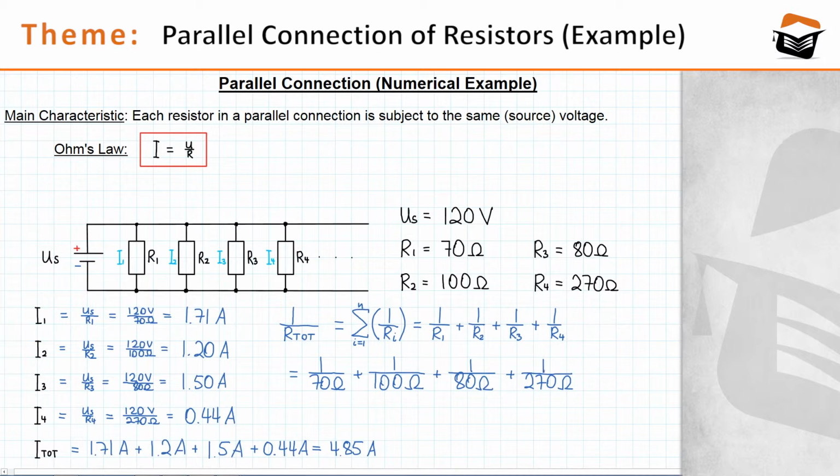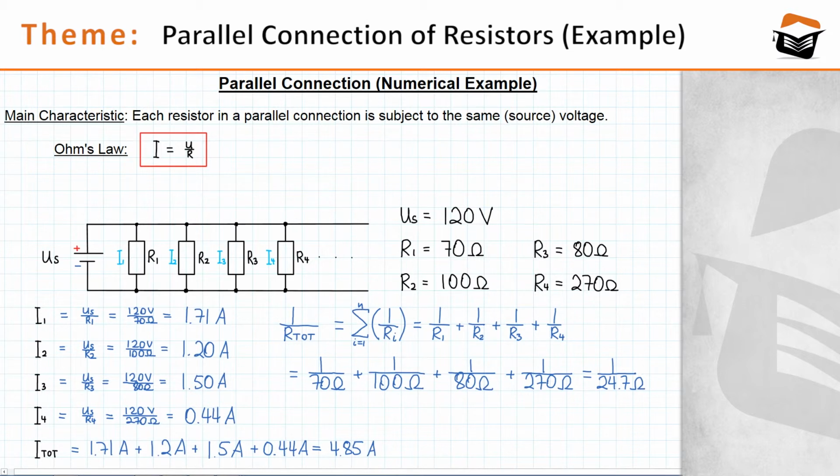Okay, so adding up these values gives us 1 over 24.7 ohm.